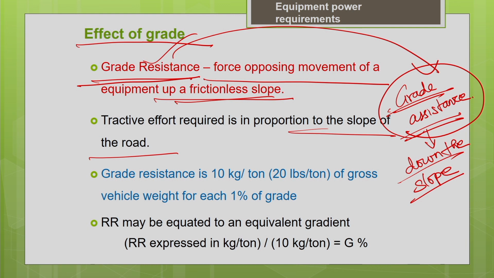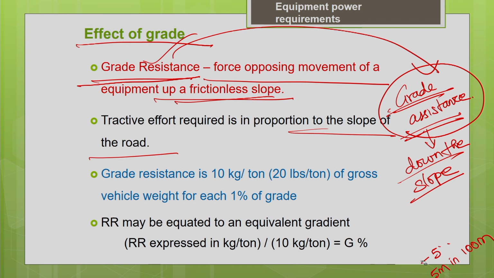For example, if your slope percentage is 5%, it means that in a horizontal distance of 100 meter, you have a vertical surface rise of 5 meter, that is 5%. So this is plus 5, that means up slope. If you say minus 5%, it means down the slope. That means you have a vertical fall of 5 meter in a horizontal distance of 100 meter. So, that is what we mean by minus 5%.